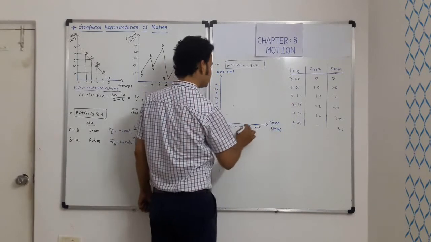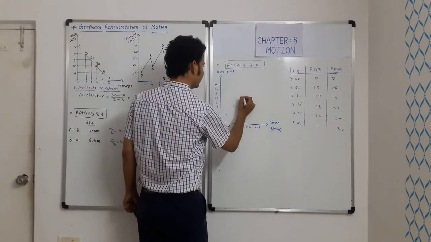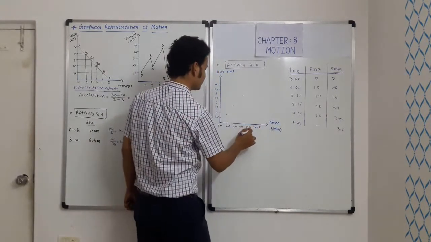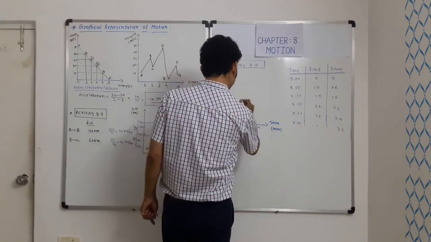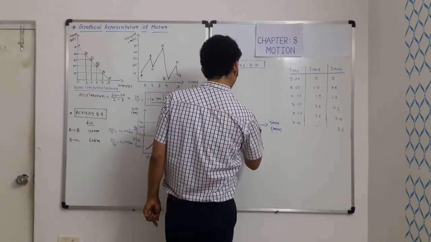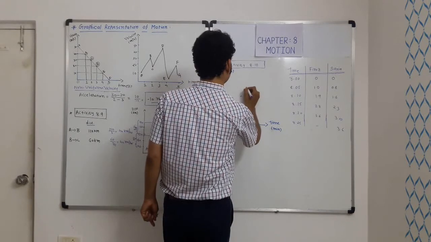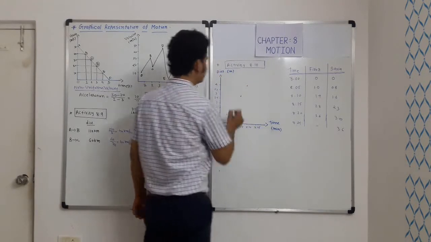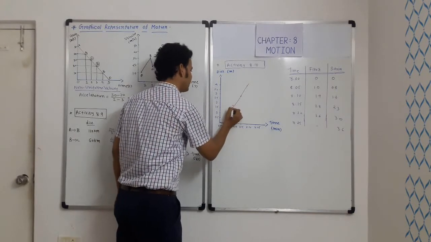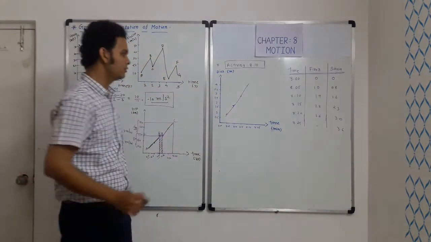Now 8.15 is 2.8, which is slightly below 3, so it is here. And at 8.20 it is 3.6, so it is here. So these are the corresponding points of how Firoz has traveled.